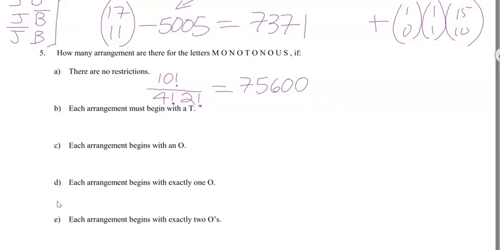How would you do it? So you'd have to go 10P10 divided by 4 factorial 2 factorial.